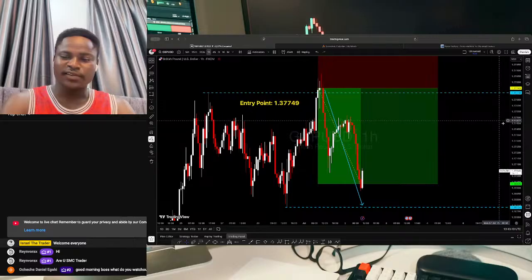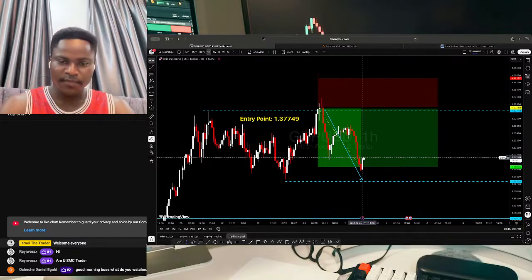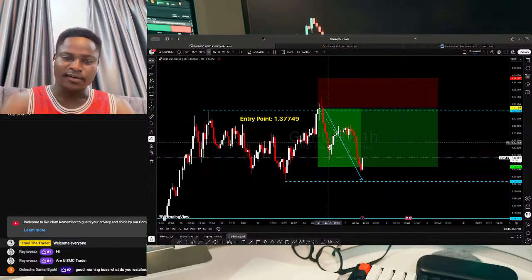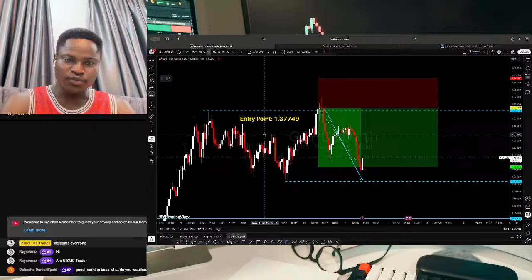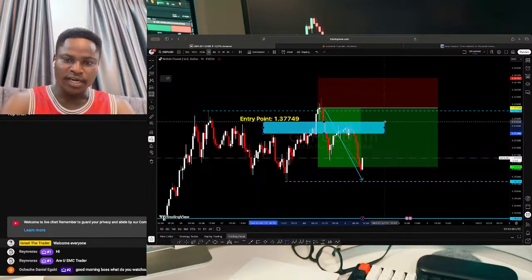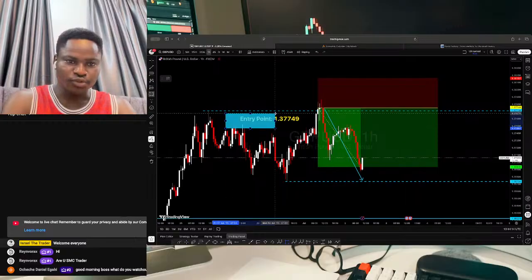Say for example, this is the trade that we took, and right here was when the market decided to push back up again, right? Then if you want to know when to get out of this trade or to continue to hold it, this is what you are supposed to do: just mark this structure out.